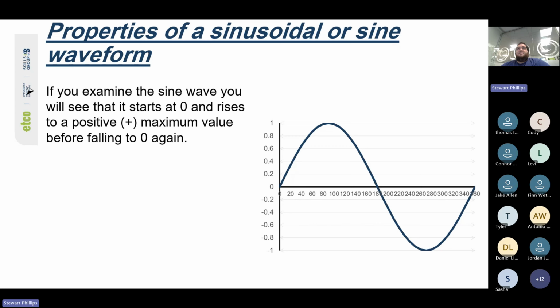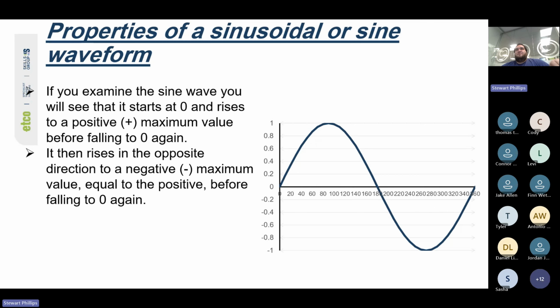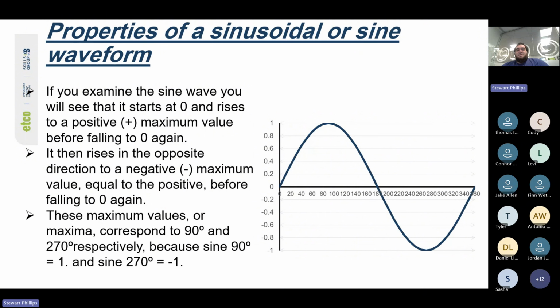If you examine the sine wave, you see that it starts at 0, goes to positive maximum, falls to 0 again, maximum negative, before returning to 0 again. The maximum values or maxima are at 90 and 270 respectively, because sine of 90 degrees gives us a 1, and sine of 270 gives us a negative 1.